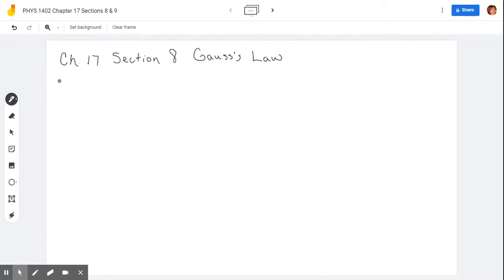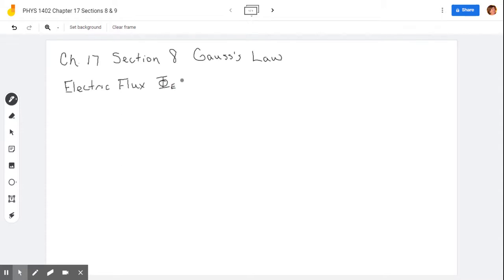First, though, we have to introduce an idea of a new quantity called electric flux. Now, the symbol for electric flux is a Greek letter. That's a capital Phi.